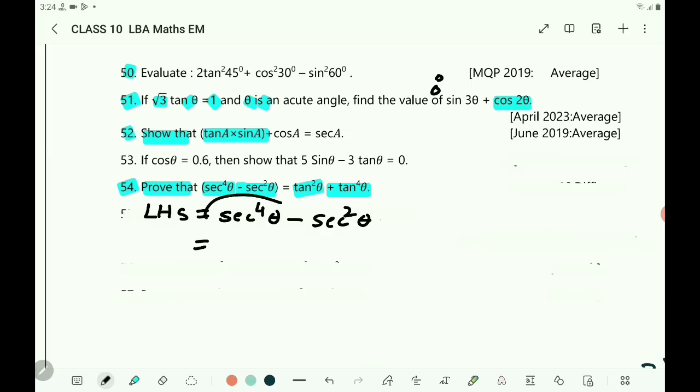Here you can take secant square theta common. Secant square theta in the bracket. Here what is remaining? Secant square theta is remaining. Minus, it is outside. So what is remaining? 1.